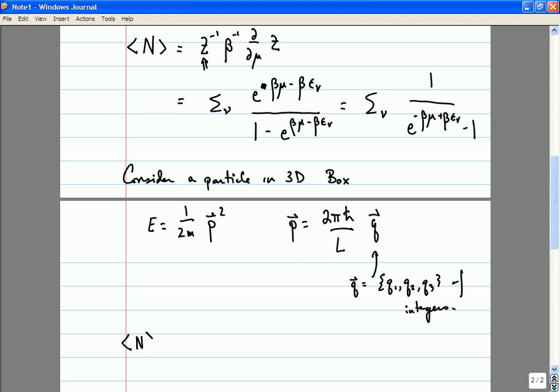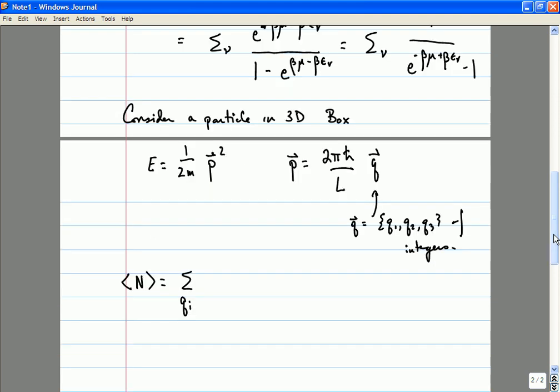So the expectation value of n will be the sum over the allowed values of qi, where i runs from 1 up to 3. So the sum over allowed values of q1, q2, and q3 of this quantity e to the minus beta mu plus beta epsilon nu.